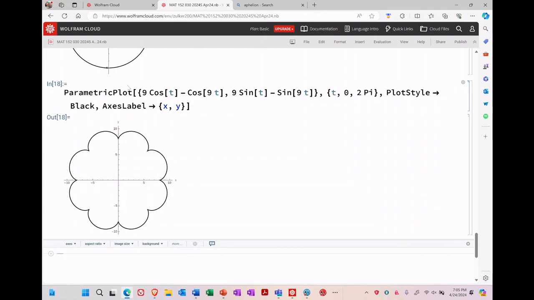This has a name. This is known as an epicycloid.